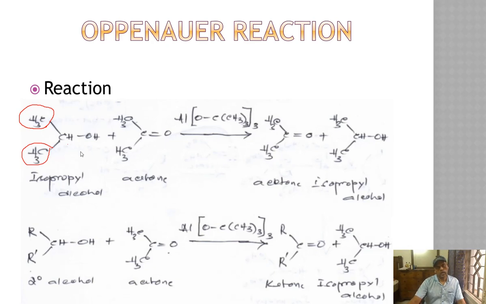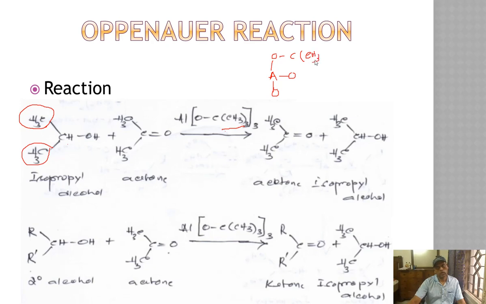So you are reacting that with the acetone in the presence of aluminum tertiary butoxide. This is aluminum tertiary butoxide. You can see the structure here. See, it is thrice, and to that again you have to attach three times the aluminum, O, O, and again C in the bracket CH3, three times.